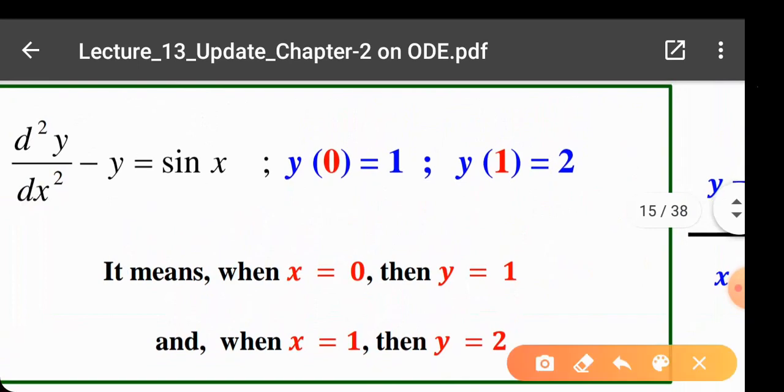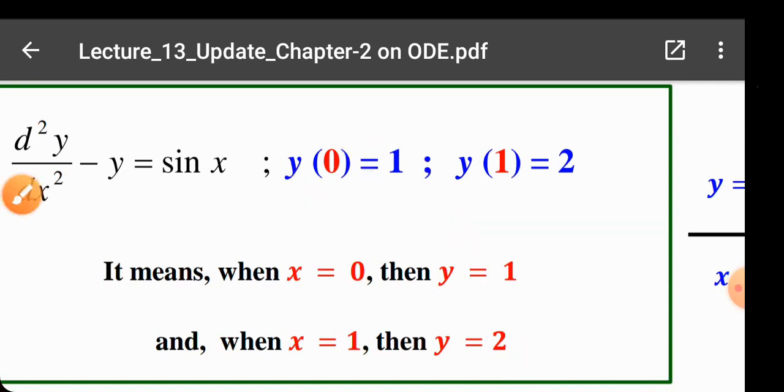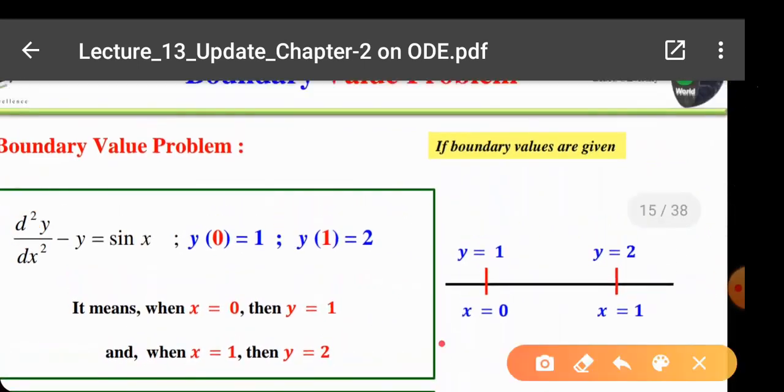The value inside the parenthesis is the value for the independent or input variable x, and the value on the right side denotes the value for the dependent or output variable. So for this example we have two values, x = 0 and x = 1.